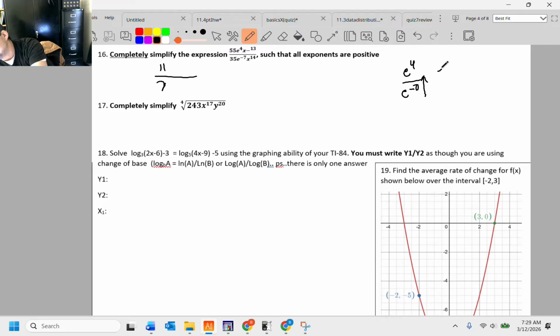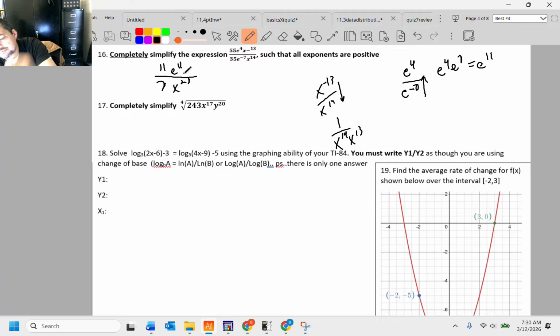We just shift that guy with the negative exponent up top, and then we add exponents. E to the 11th. We have an x to the negative 13 sitting pretty over x to the 14th. Same idea. We shift the negative exponent down low, makes the exponent positive, and 14 and 13 is 27.